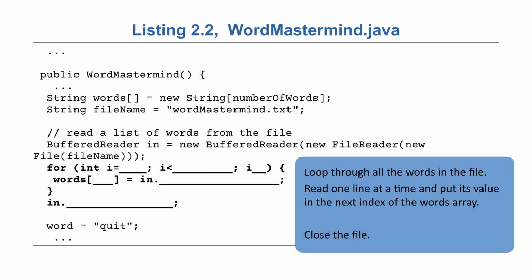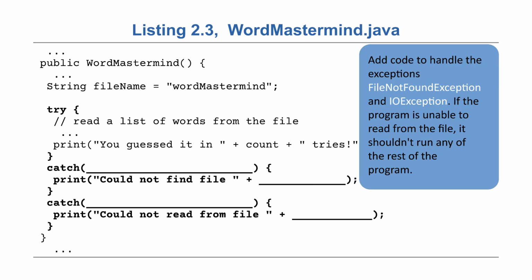Next, loop through all the words in the file. Read one line at a time and put its value in the next index of the words array. Hint, use a for loop and number of words. Then close the file. Next, add code to handle the exceptions file not found exception and IO exception.